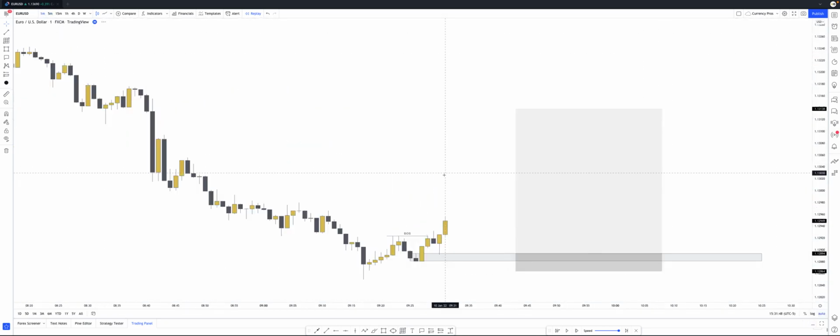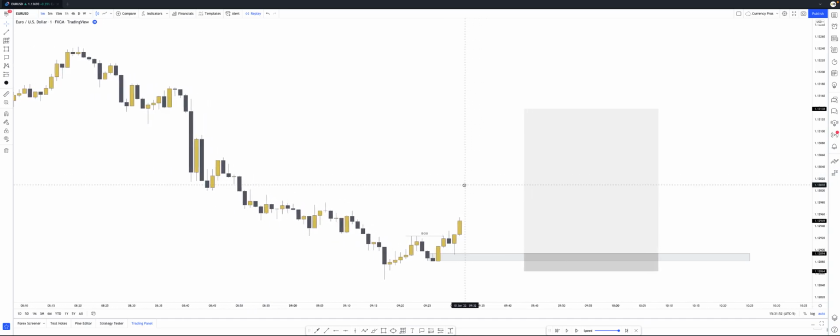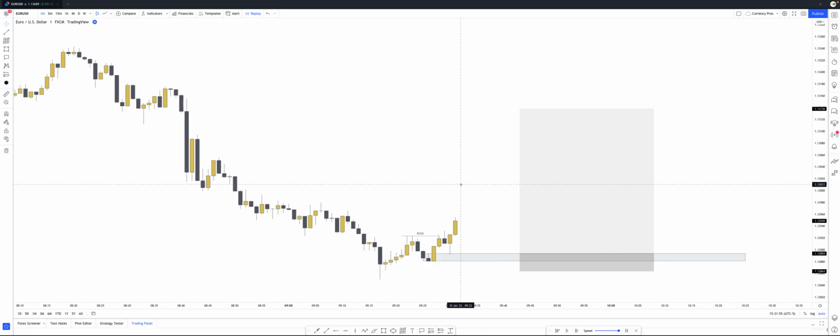Anyways, that's irrelevant because the take profit is not as important, because one of the lessons I'd like to go over within this case study is stop loss management. If you don't want to have a set take profit and you want to trail your stop loss, it can be a very, very powerful strategy. So I'd like to go over that today because this is a perfect example of that.